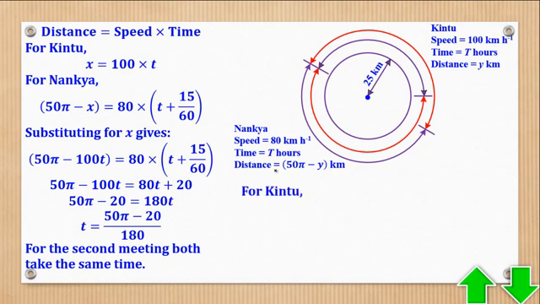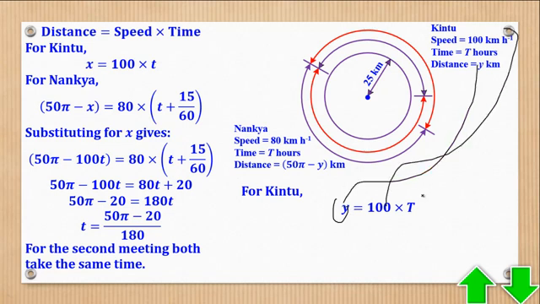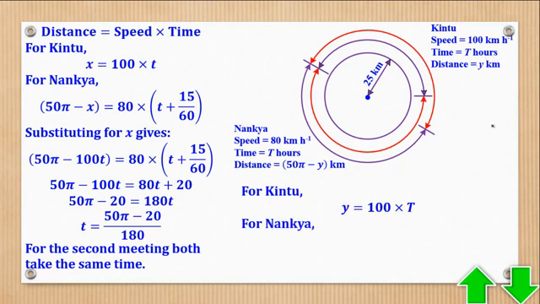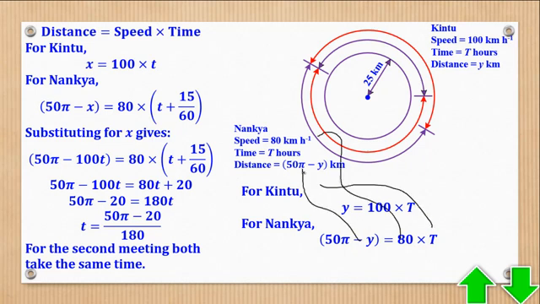So I'll come and say that for chain 2, still using distance equals speed times time, distance, speed, and time. Then also for Nancha, it will be distance, speed, and time. So you have two equations.